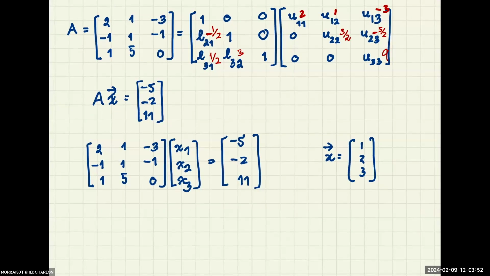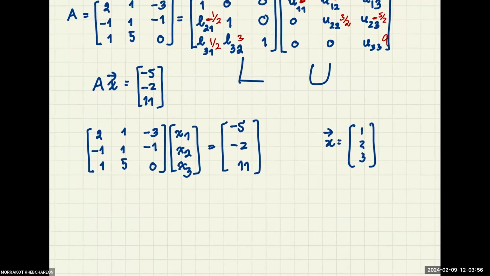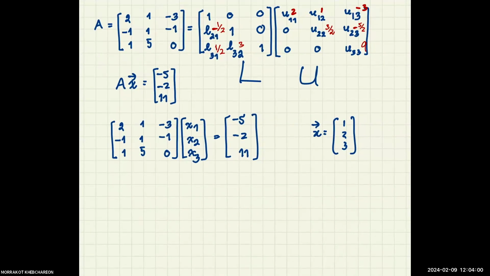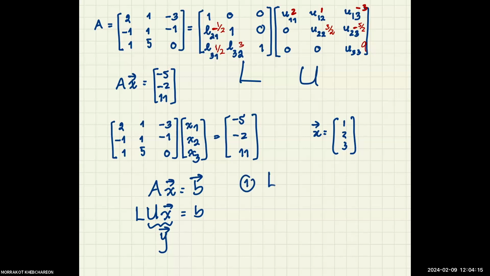Now, A can be split into L times U. From A X equal to B, A is L times U, X equal to B. Let U times X equal to Y. So step number 1, you solve L times Y equal to B. What is L?